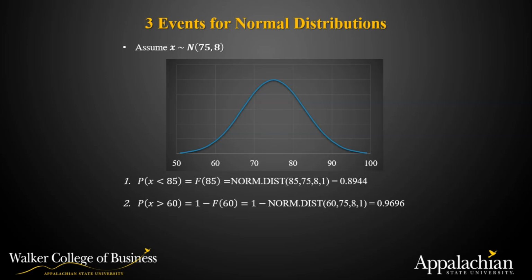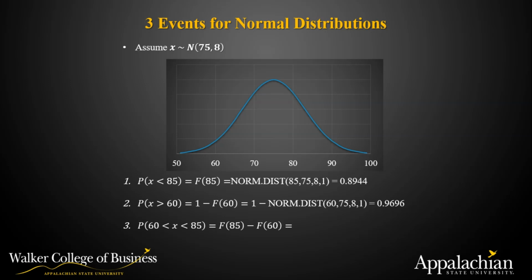To calculate this, we type in Excel equals 1 minus norm.dist, open our parentheses, enter 60, comma, 75 for the mean, comma, 8 for the standard deviation, comma, 1 for the CDF, and close the parentheses. And we see that this probability is 96.96%.